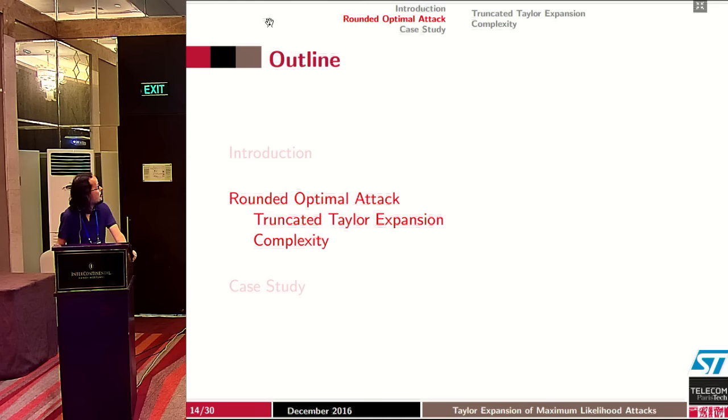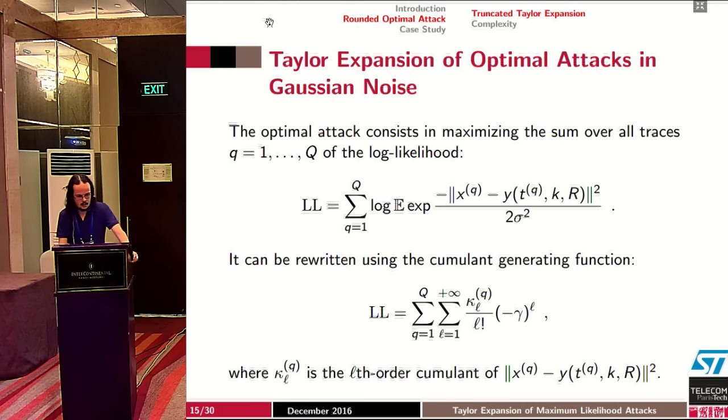So in this part, I will present to you our main result. It's a rounded version of the optimal attack, which keeps the good properties of effectiveness of the optimal attack, but with a smaller complexity. As already mentioned, the optimal attack consists in maximizing the sum over all traces of the log likelihood.